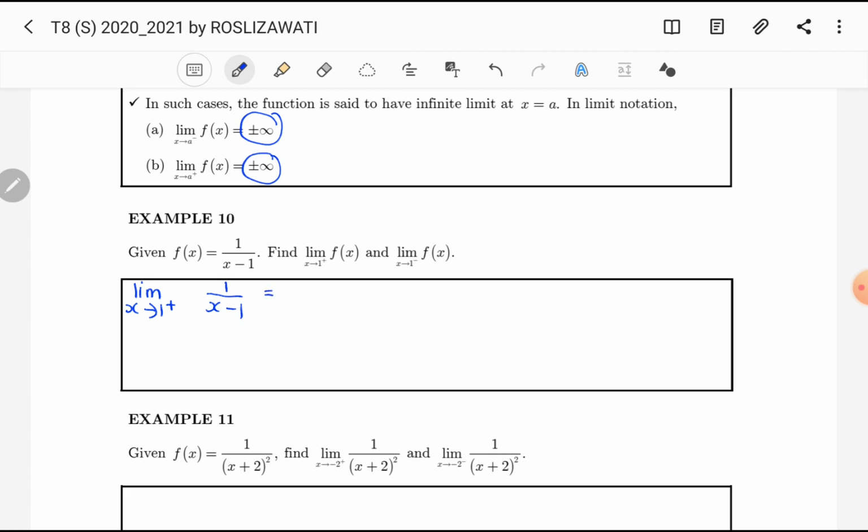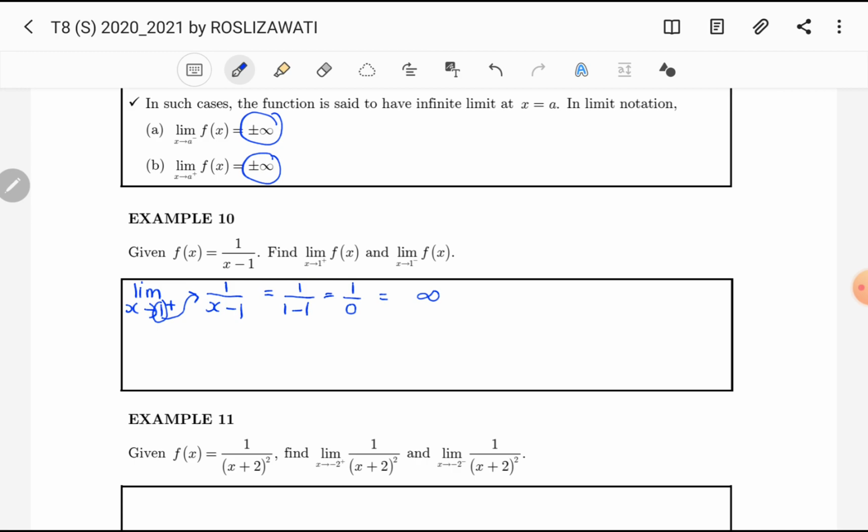When we substitute 1 inside, we will get 1 over 1 minus 1, which equals 1 over 0. So in limits, 1 over 0 equals infinity.